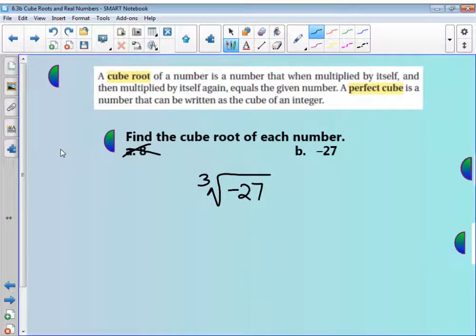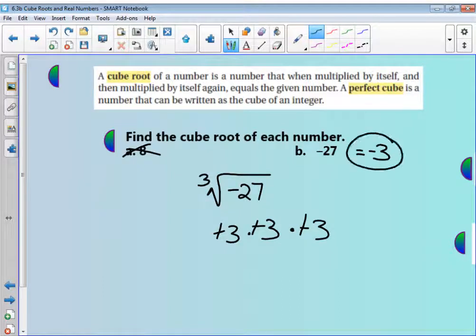So what number times itself would give us 27? Well, obviously it's not 2. It's got to be bigger than 2 because that was 8. So let's try 3. Negative 3 times negative 3 would give me positive 9. Times negative 3, well, 9 times 3 is 27. I have 1, 2, 3 negatives, so that would be negative 27. So our final answer here is negative 3. Negative 3 is the cubed root of negative 27.